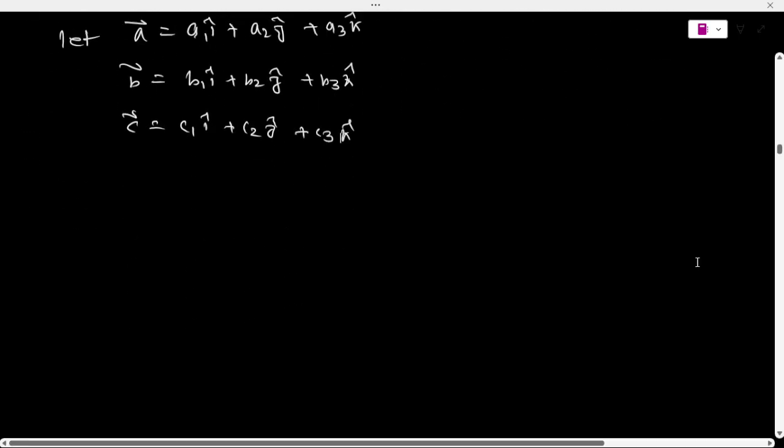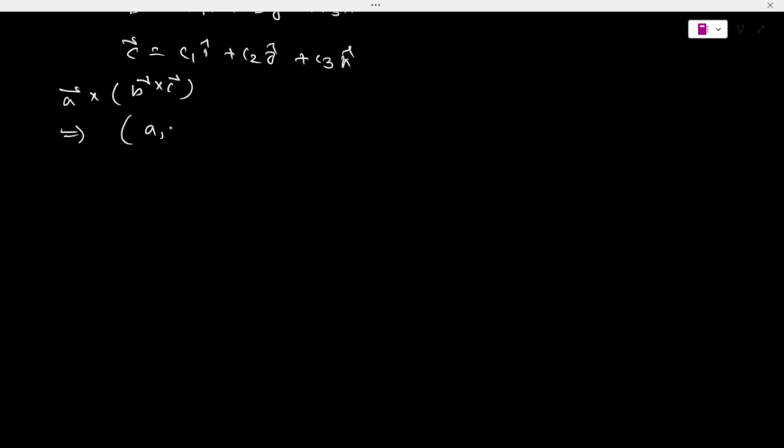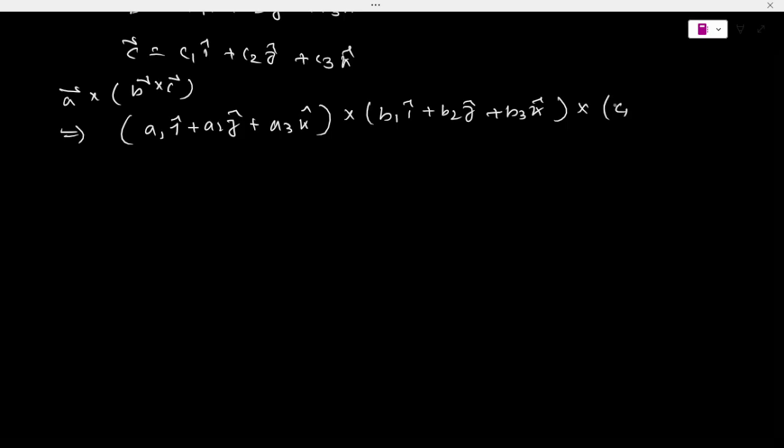When I do a vector cross b vector cross c vector, the ultimate result will be a1 i cap plus a2 j cap plus a3 k cap, into b1 i cap plus b2 j cap plus b3 k cap, into c1 i cap plus c2 j cap plus c3 k cap.